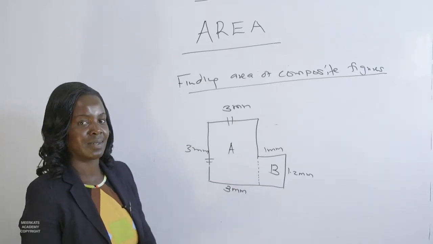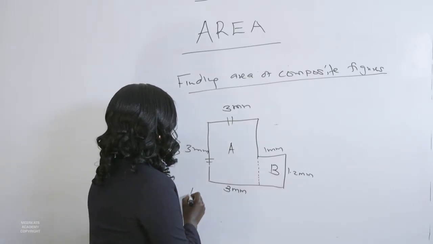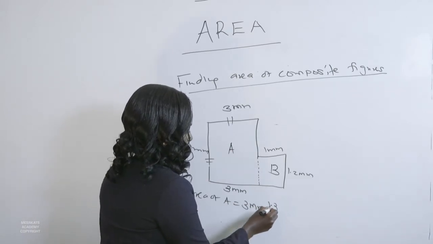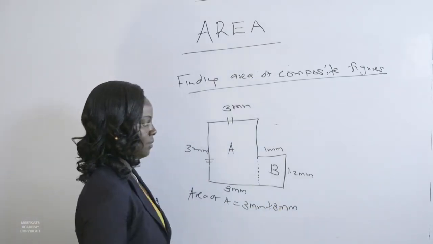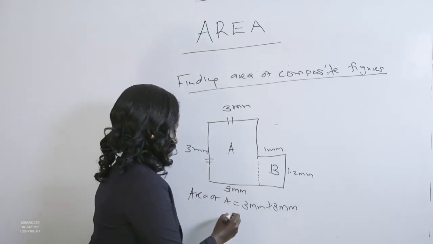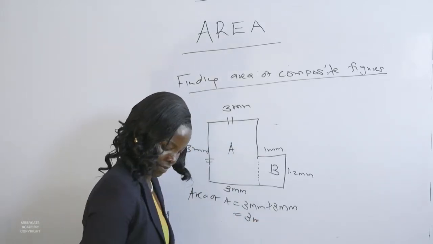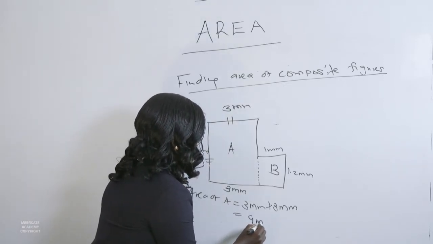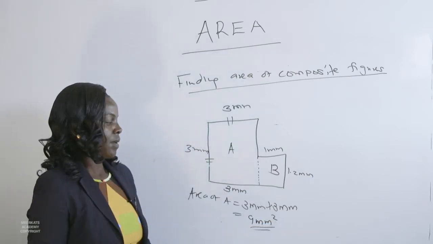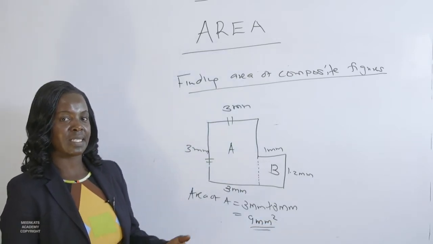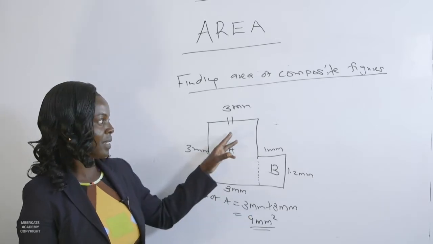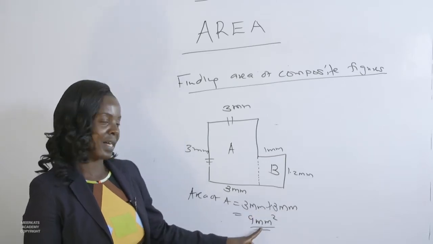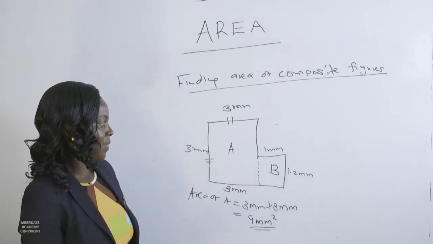That A is a square. So the area of the square we have said is length times length, or length squared, which will give us 3 millimeters times 3 millimeters, which is 9 square millimeters.